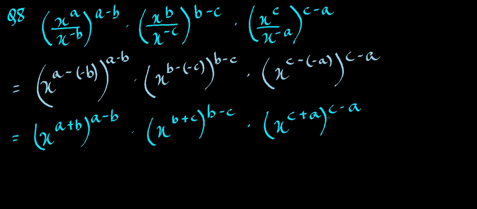Now remember, in the beginning of the video I told you about an identity which said a plus b into a minus b is equal to a square minus b square. That is exactly what we are going to do.